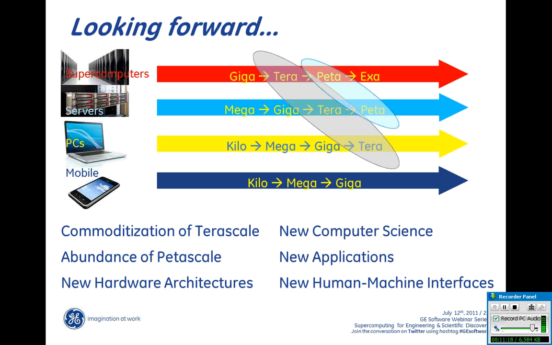But in order to do this, we need to address some technical challenges, like developing new hardware architectures to allow affordable purchase and operation of these machines. This includes thermal properties and power.